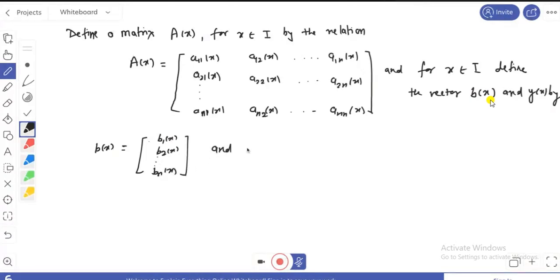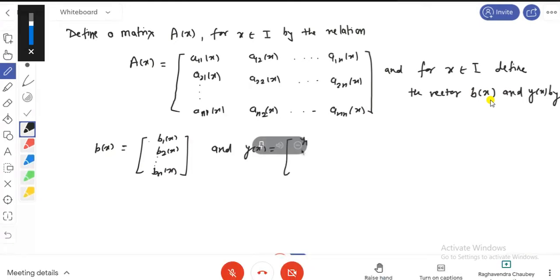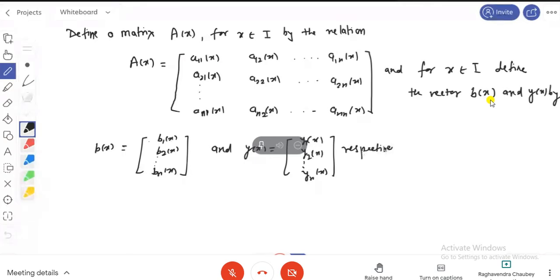is y(x)? So y(x) is y1, y2 up to yn, if we define this thing.